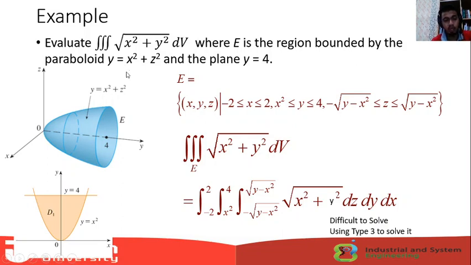The meaning is z should be equal to positive or minus the square root of y minus x square, so z goes from below to the up.